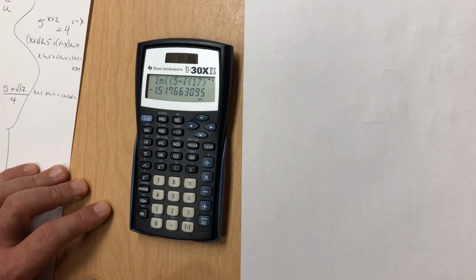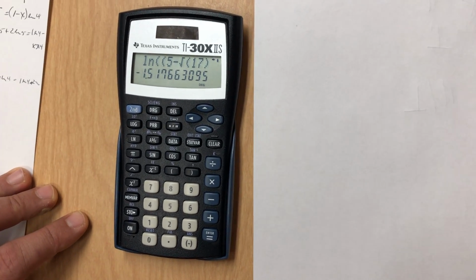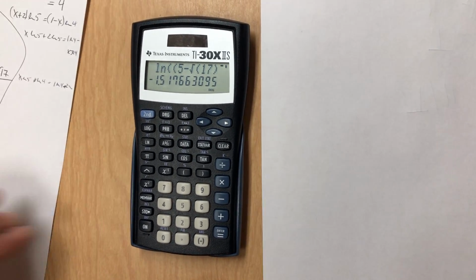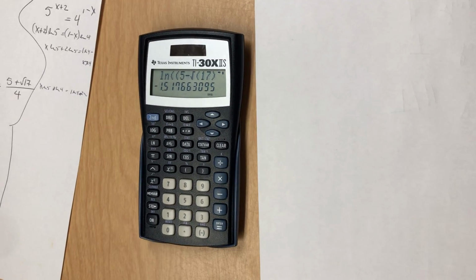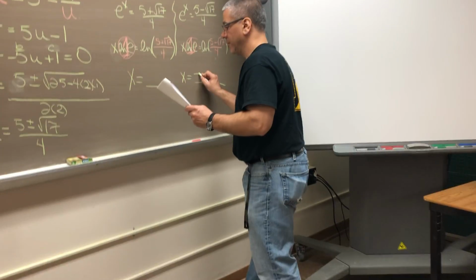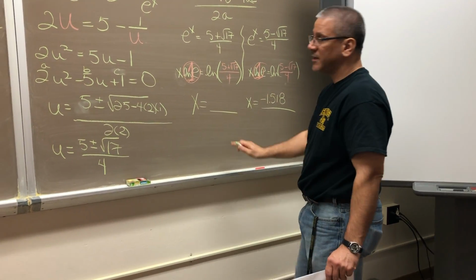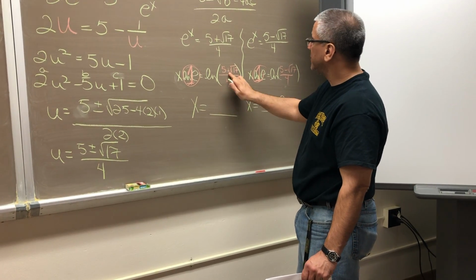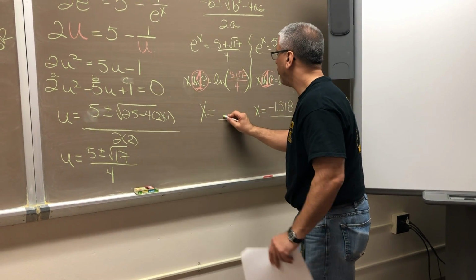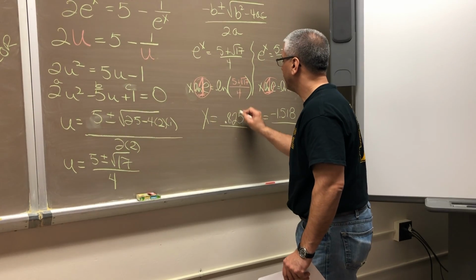So there's my negative 1.518. And if you do the exact same thing for the plus, you should have 0.825.